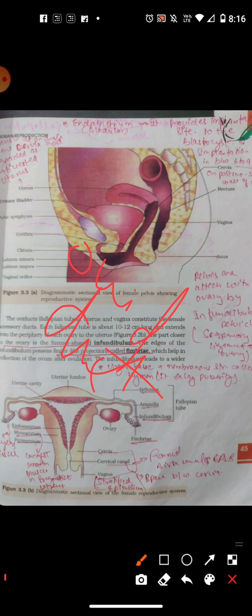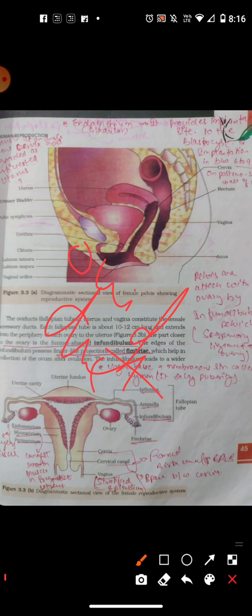It is a muscular tube about 10 to 12 centimeter long and extends from the periphery of the ovary to the uterus. The fallopian tube is located above and behind the urinary bladder.